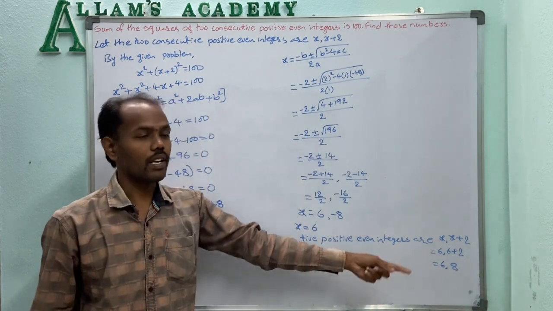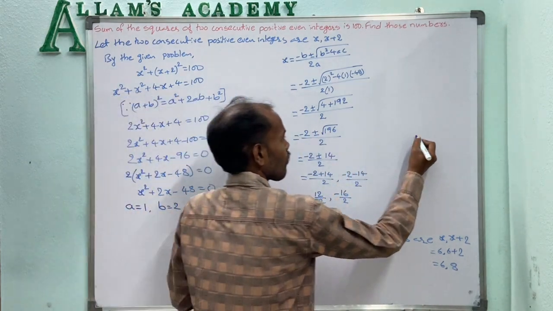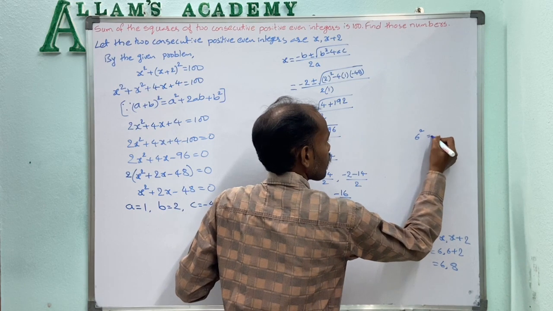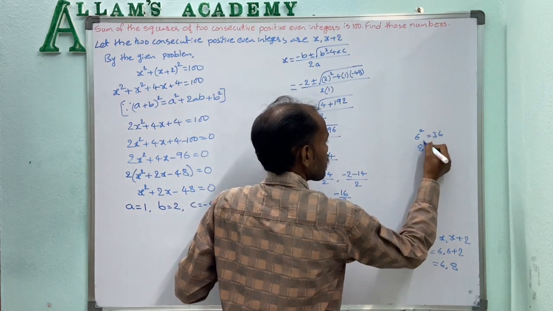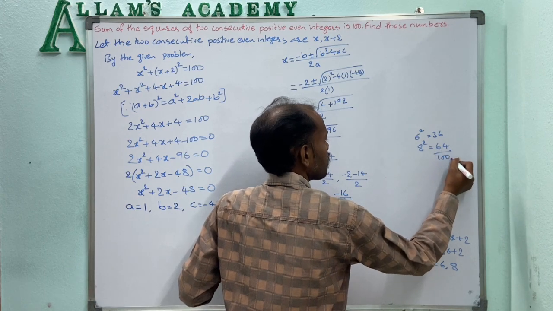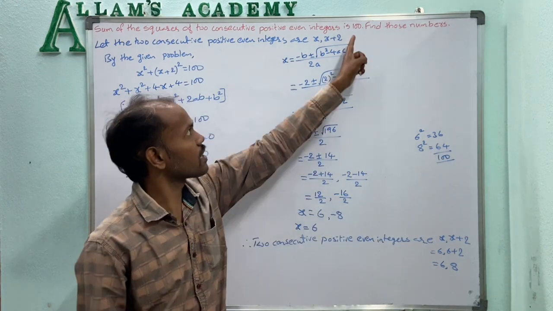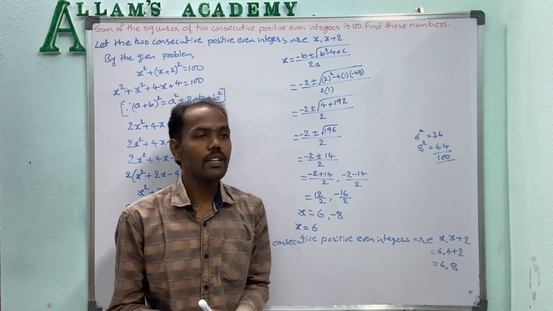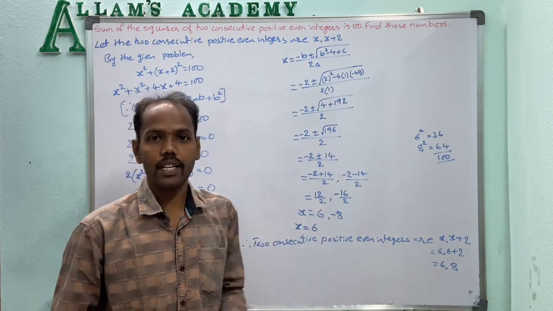So 6 square equal to 36 and 8 square equal to 64. The sum 36 plus 64 is 100. So the sum of the squares of those numbers is 100 as given, so we get the correct answer.